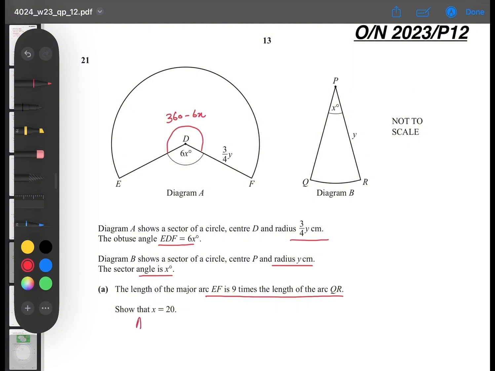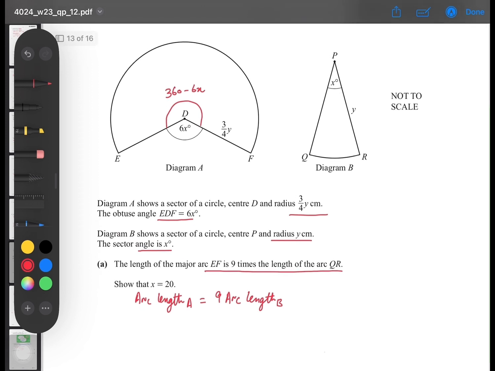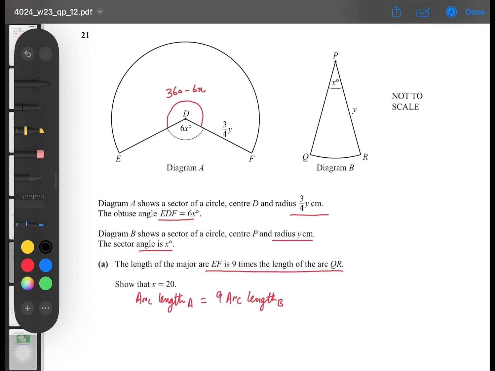So the arc length of diagram A is equal to 9 times the arc length of diagram B. So the formula for the arc length is theta over 360 multiplied by 2 pi r. So we will just plug in the values.